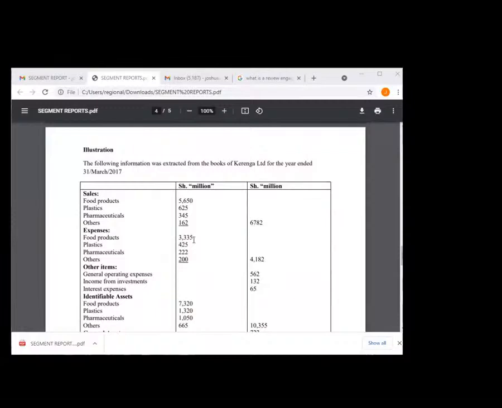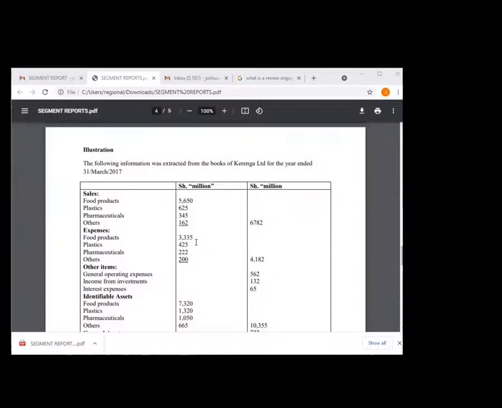So you simply subtract the two, 56.50 minus 33.35.